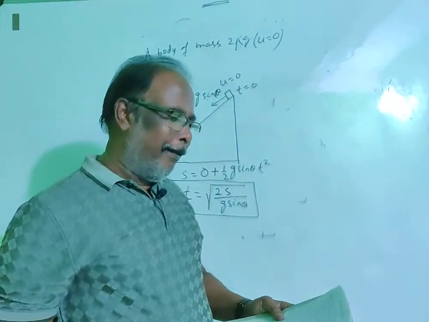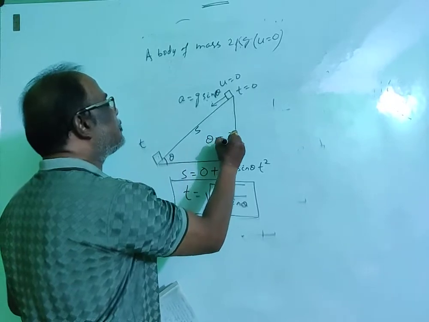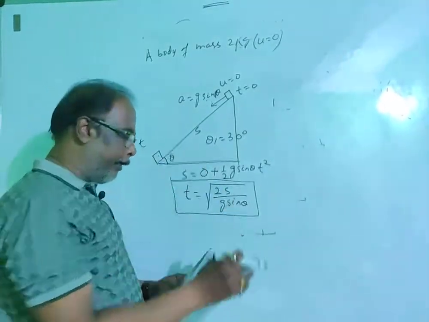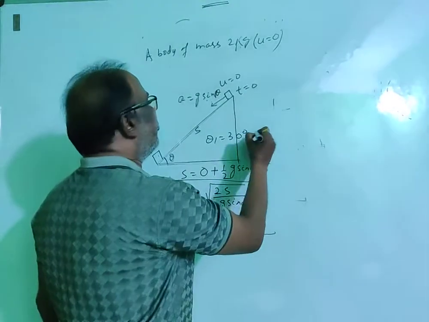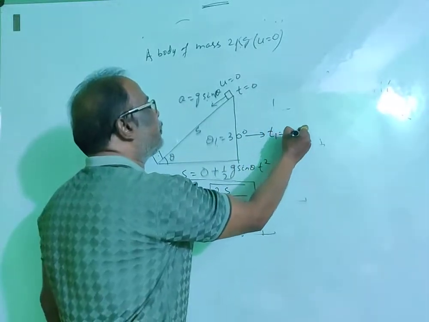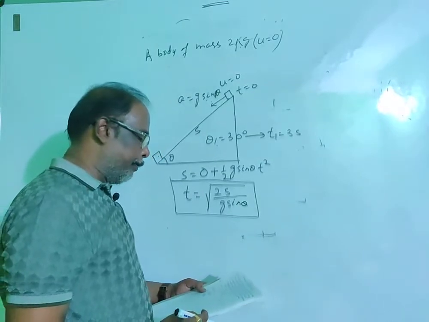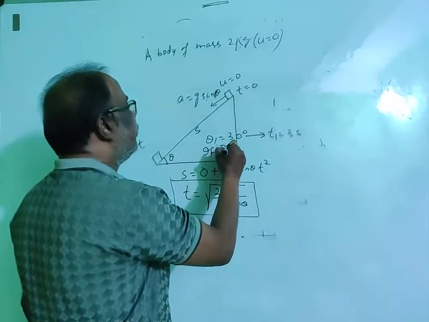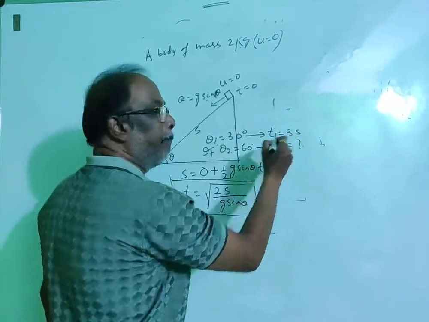Having inclination, let theta 1 be 30 degrees. The initial inclination is 30 degrees, and it takes time t1 equal to 3 seconds. If the angle of inclination is doubled, if the angle becomes 60 degrees, then it is asked what will be the time?